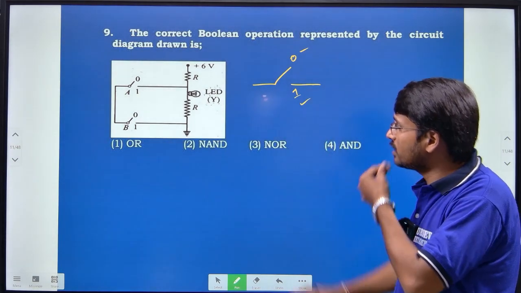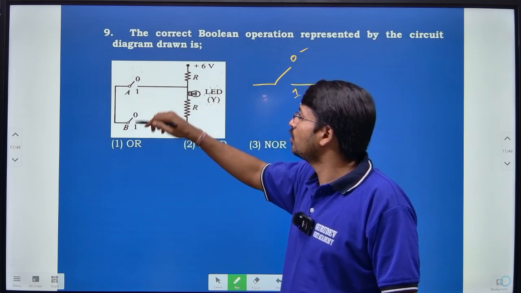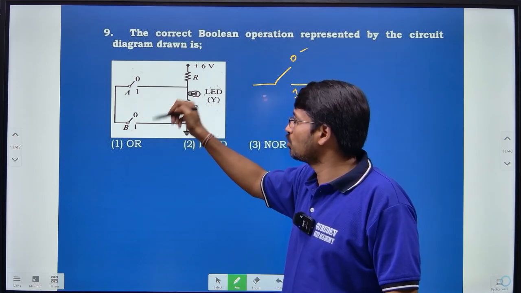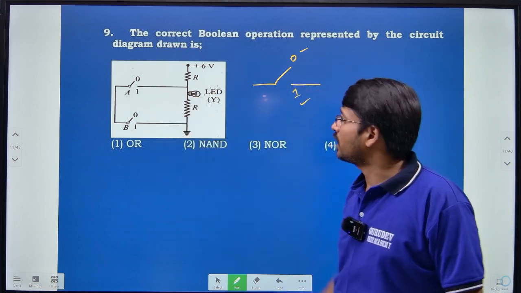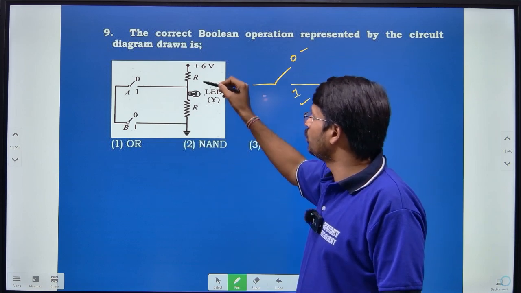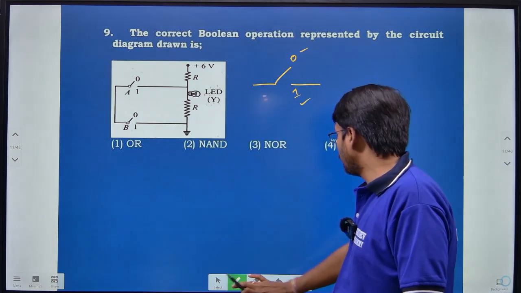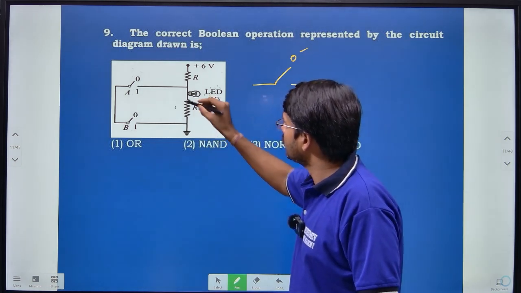If one of them is closed, then also the whole path is just an open system. And again, there is no current passing through this, and as a result, current will be moving in a downward direction.